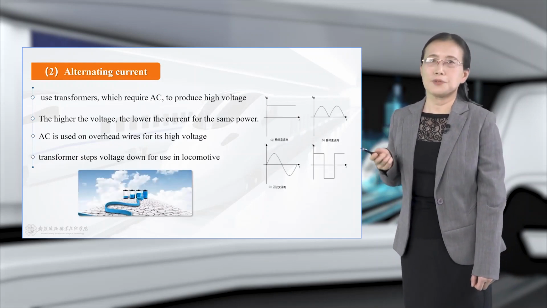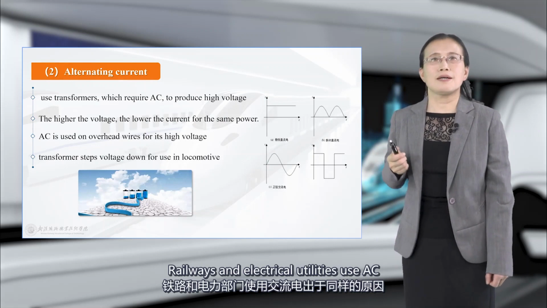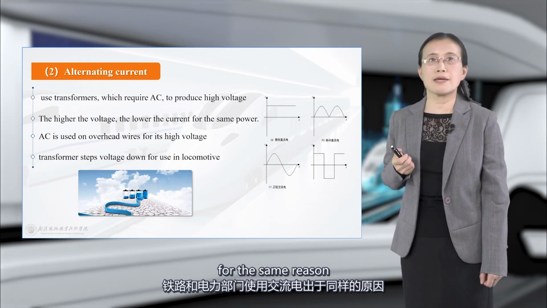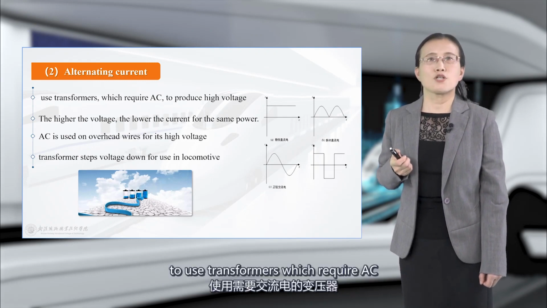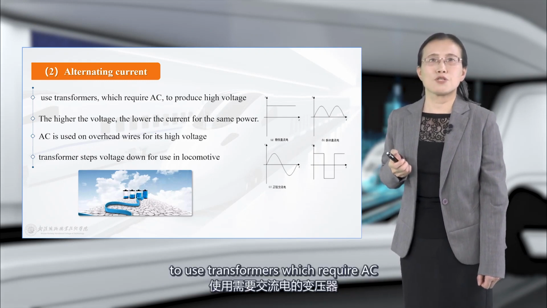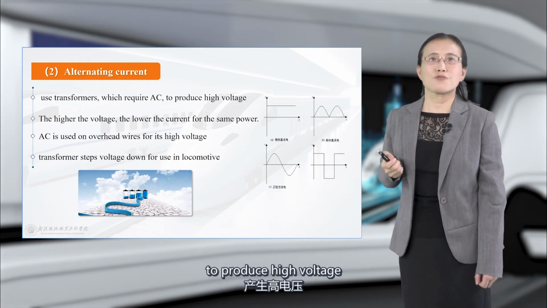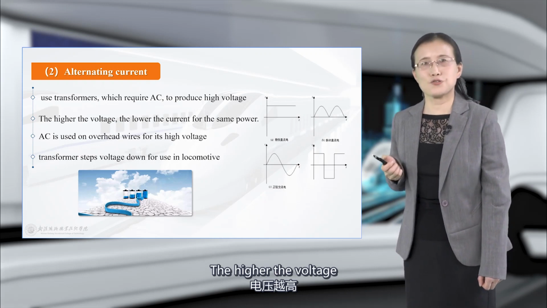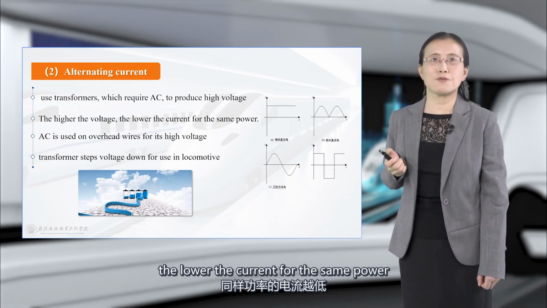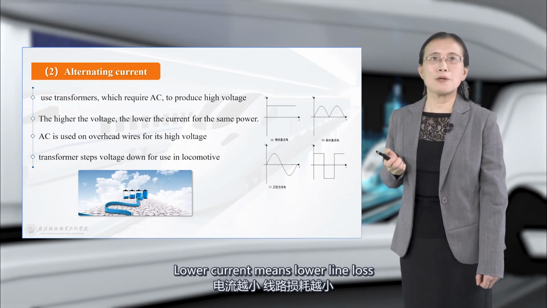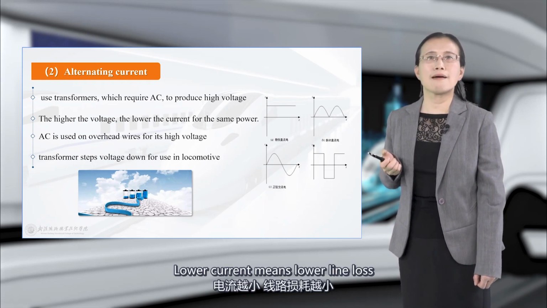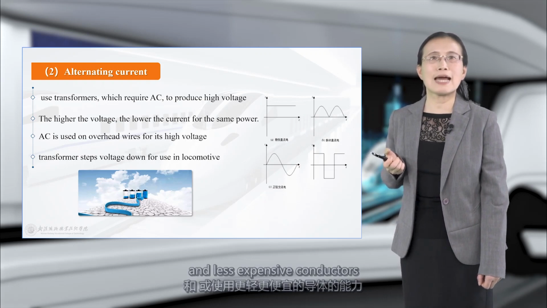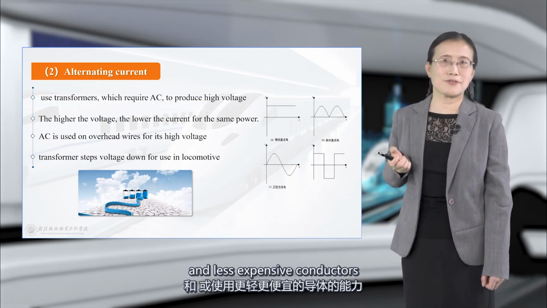Alternating current. Railways and electrical utilities use AC for the same reason: to use transformers, which require AC to produce a high voltage. The higher the voltage, the lower the current for the same power. Lower current means lower line loss and, in all, the ability to use lighter and less expensive conductors.